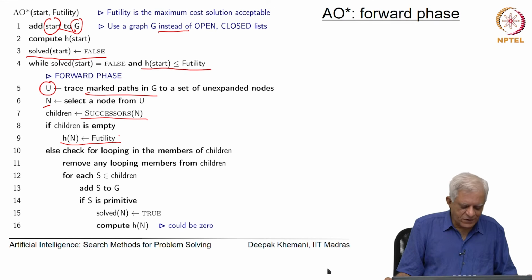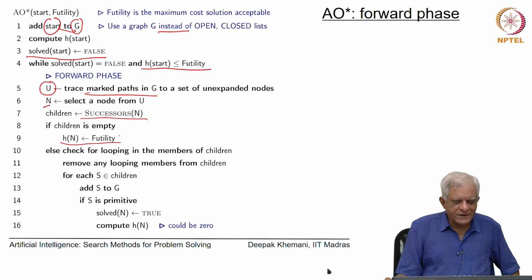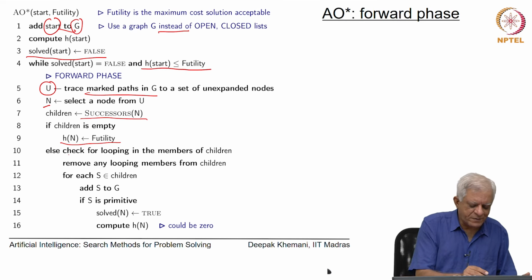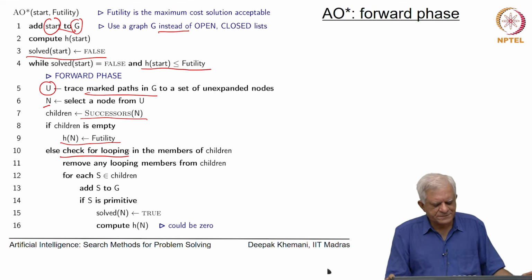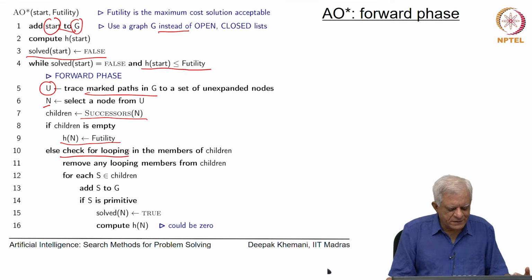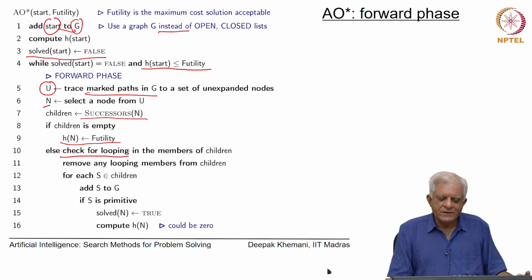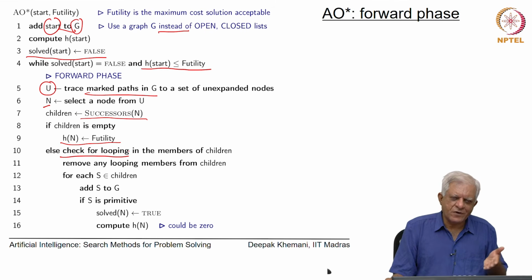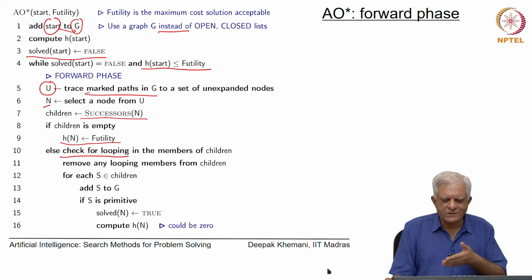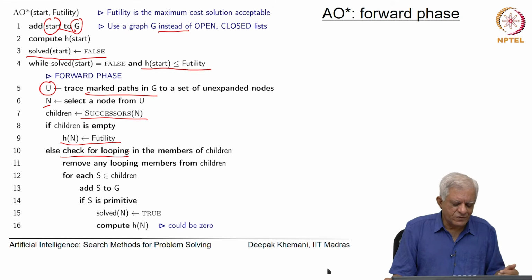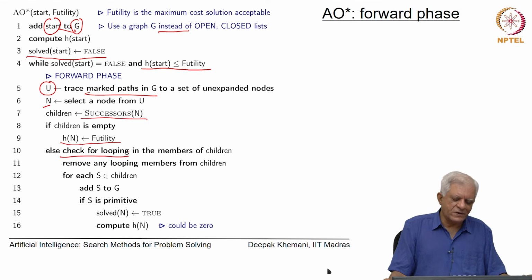If it has children, then we check for looping essentially. Remember that, for example, when we did the symbolic integration problem, you could transform cot x to tan x, and you could also transform tan x to cot x, or you could transform tan x into something else, and so on. So, you could go back and forth, and we do not want to do that, and for that purpose we introduced a notion of avoiding loops.